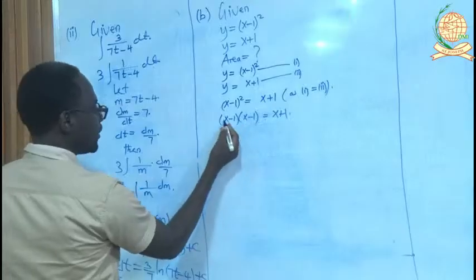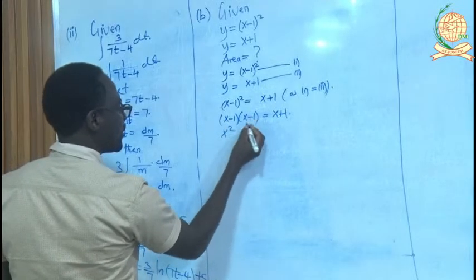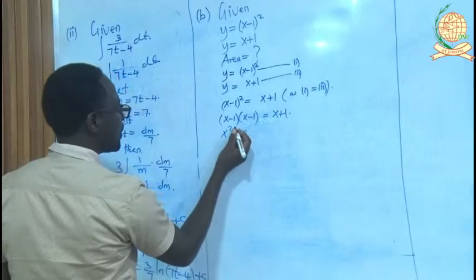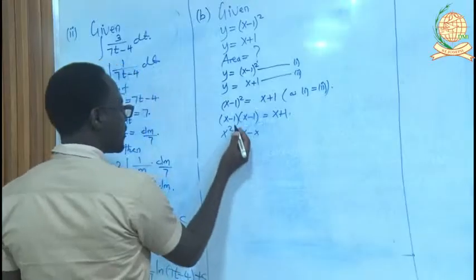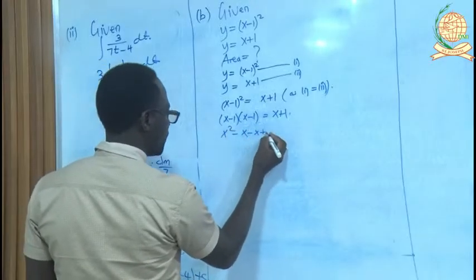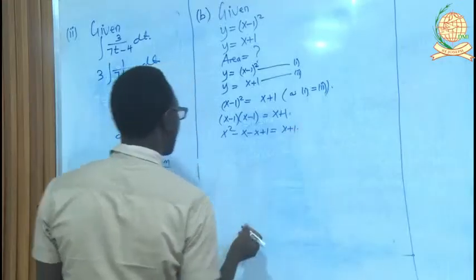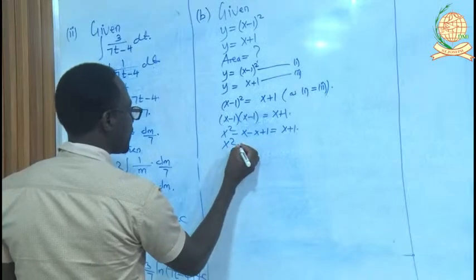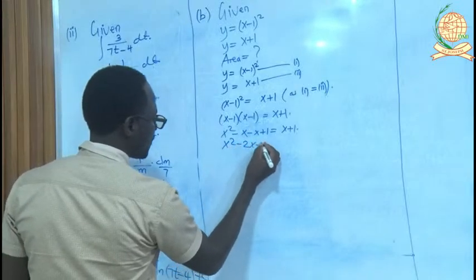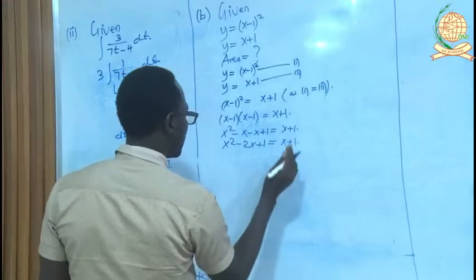Now we expand: x times x gives x squared, x times negative 1 is negative x, negative 1 times x is negative x, negative 1 times negative 1 is positive 1. This equals x plus 1. Now simplify negative x minus x, we get negative 2x plus 1 equals x plus 1.